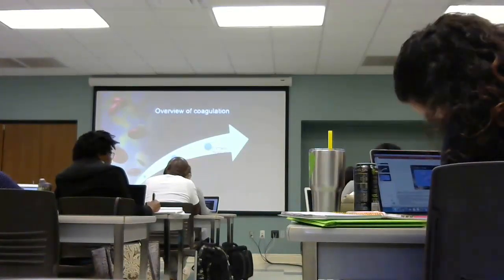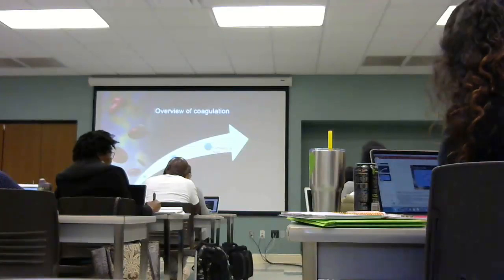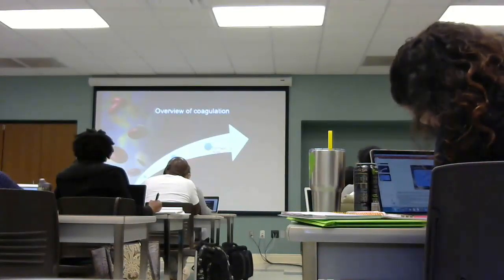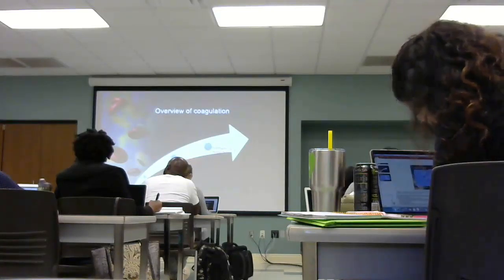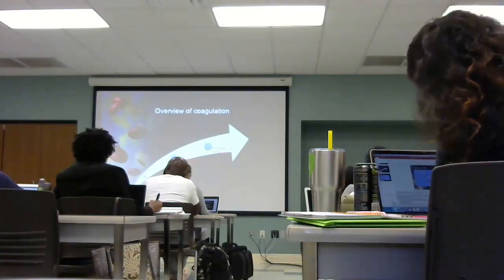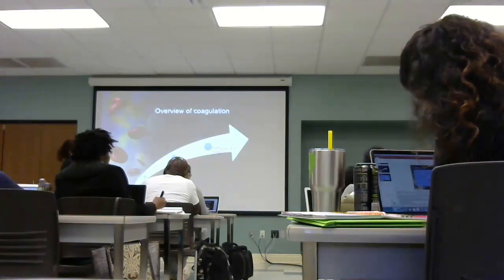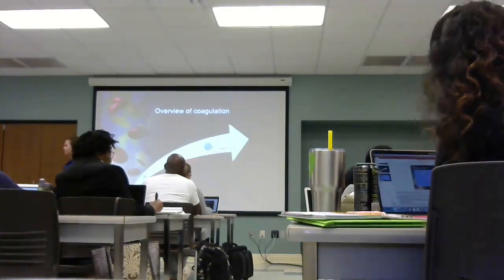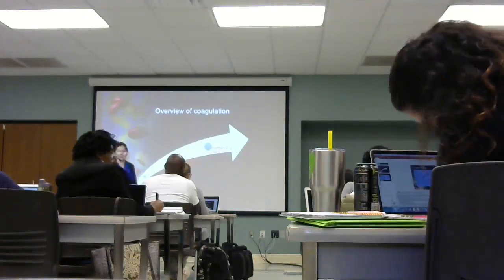For FFP, if you give 1 unit of FFP, the factors will increase by at least 5%. But in that particular patient, if you give an FFP, you have to evaluate clinical findings on the patient to see if the patient continues to bleed.